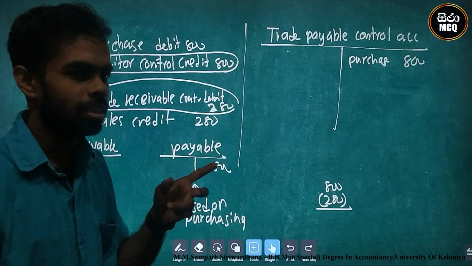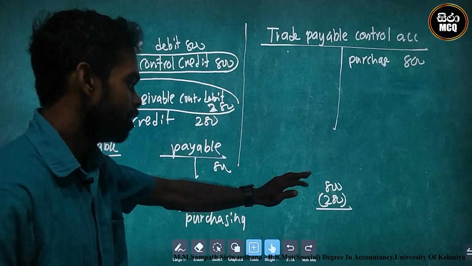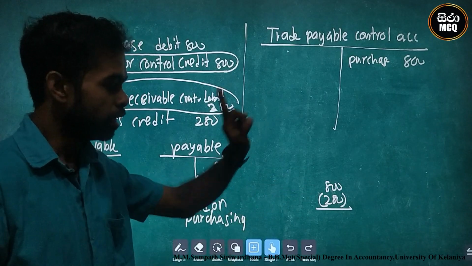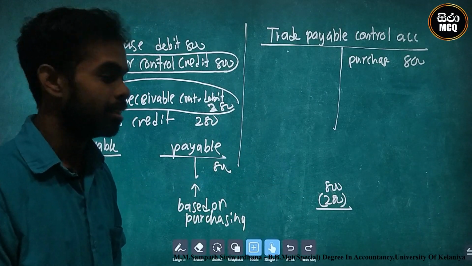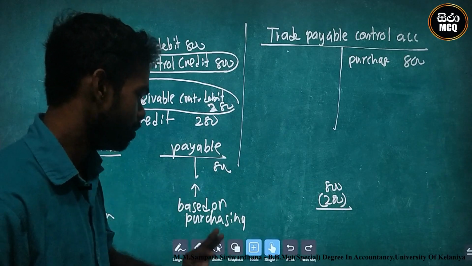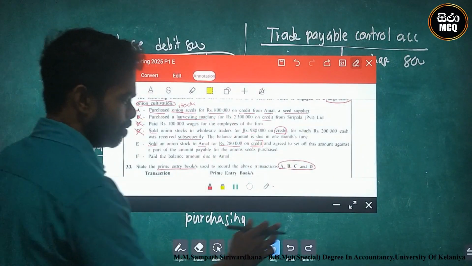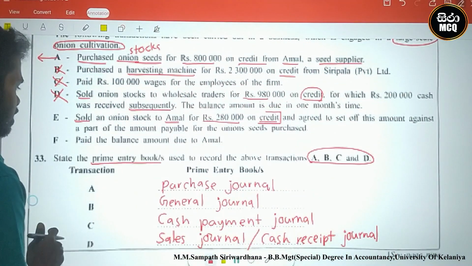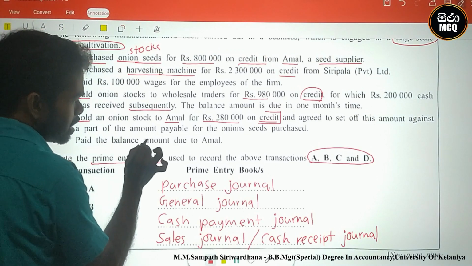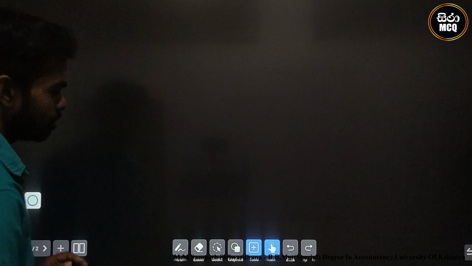We can deduct the set off of this 280 from the payable 800. Therefore, finally, they said that each transaction paid the balance amount due to Amal. Okay, let's see the transaction.